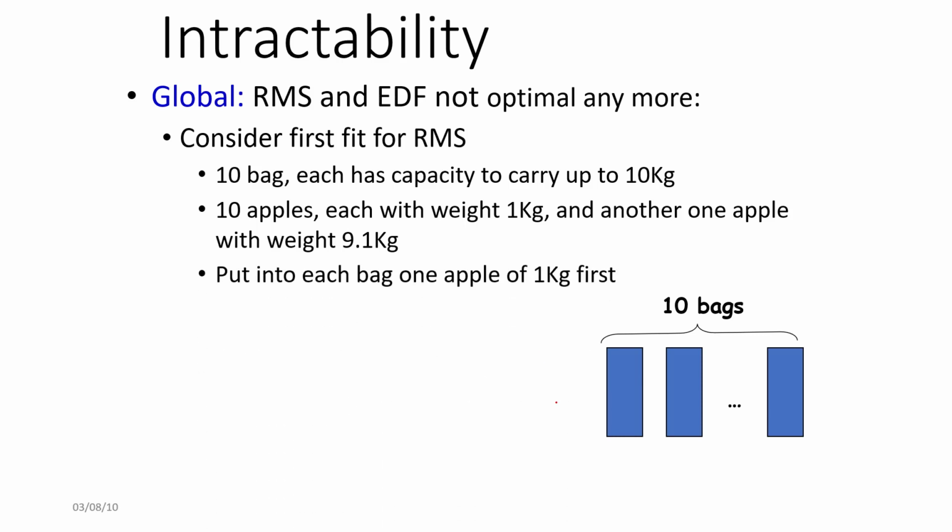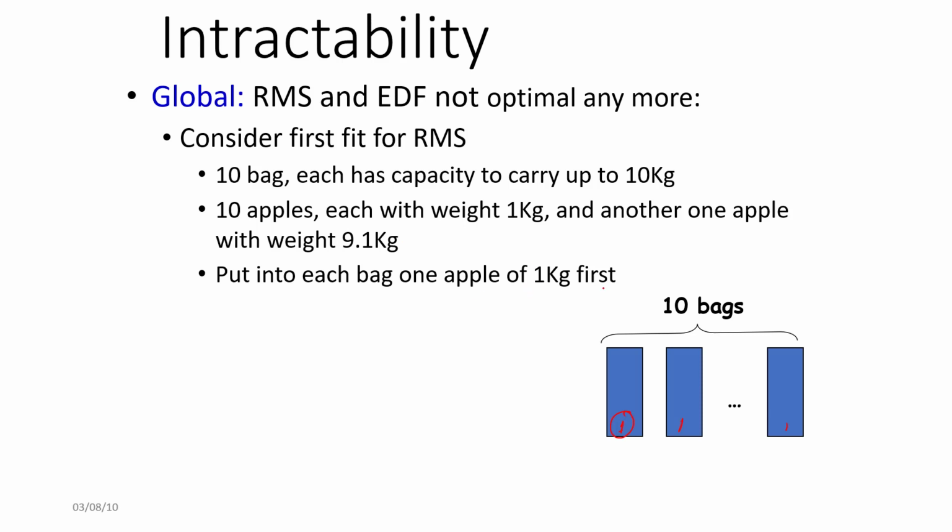So then what will happen is that we put each one of them. It's the same example, exactly the previous example that we saw. So if you put 1 kg apples into all of them, then of course none of the bags will fit the big one, which is exactly what RMS will do, and exactly what happened in the previous example.